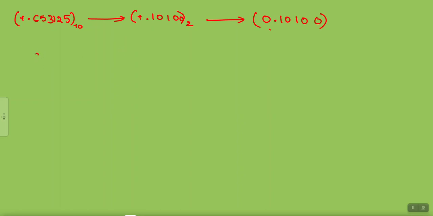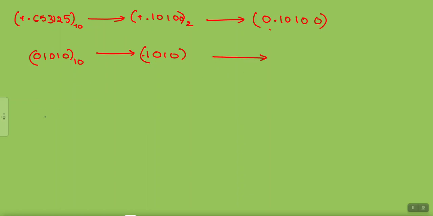So 0.1010, I'm converting back to the decimal.